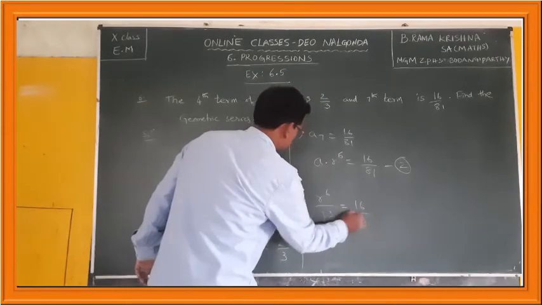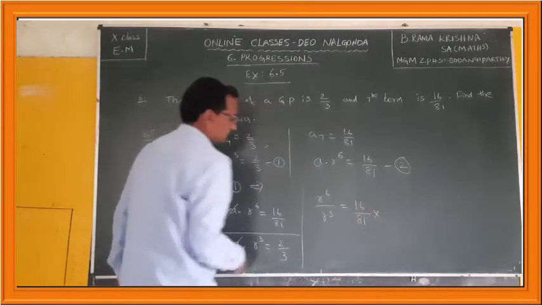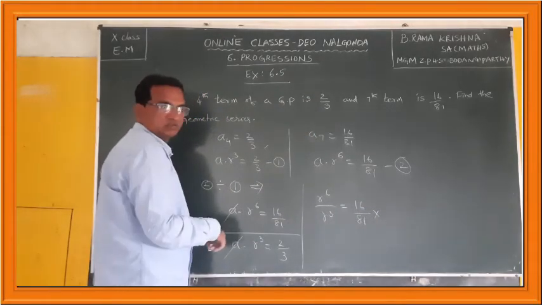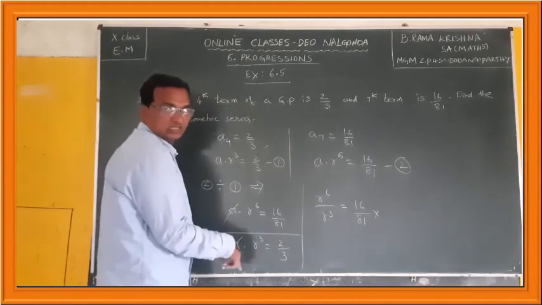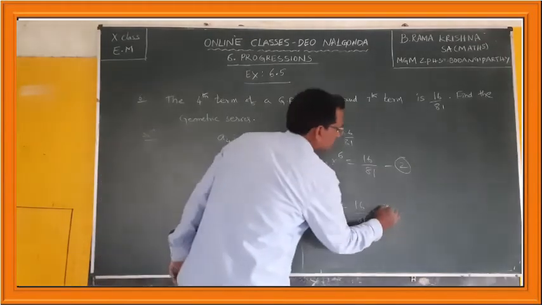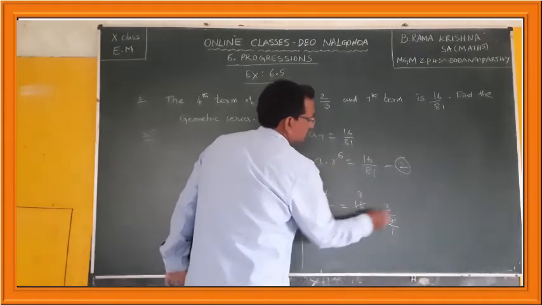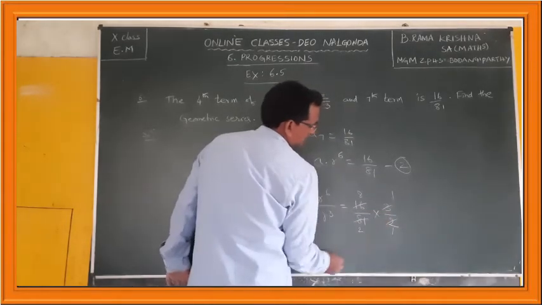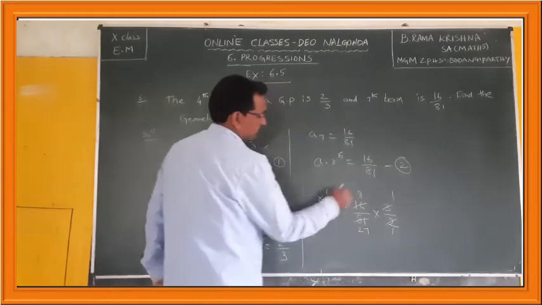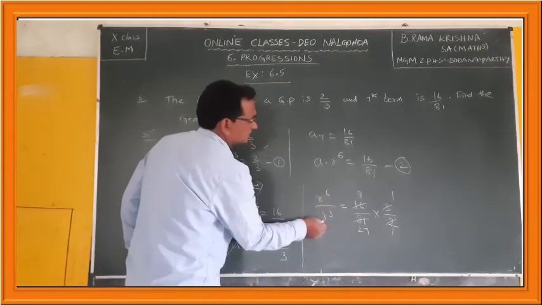I am writing like this: 16 by 81. The fraction in the numerator will remain the same. The fraction in the denominator gets reciprocal, so 3 by 2. 2 1s are 2, 8s are 3, 1s are 3, 2s are 3, 7s are... so 8 by 27.